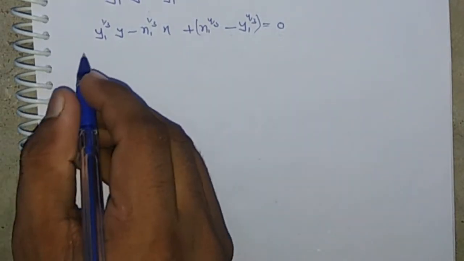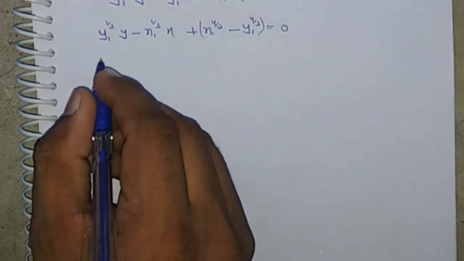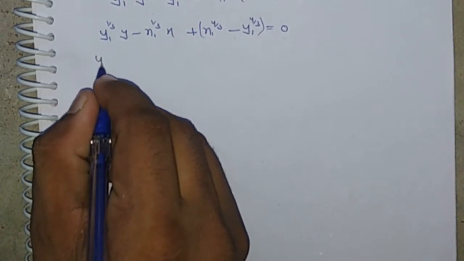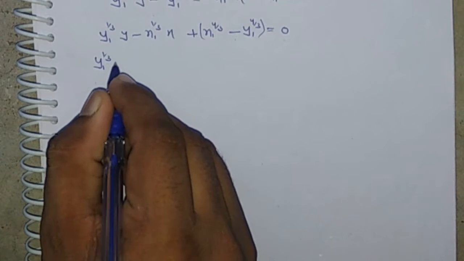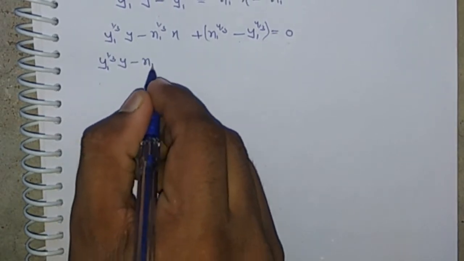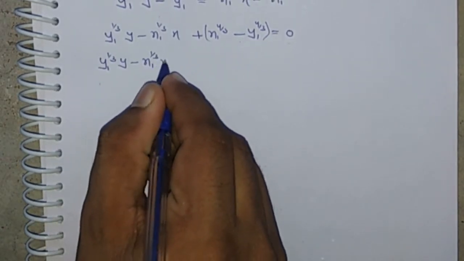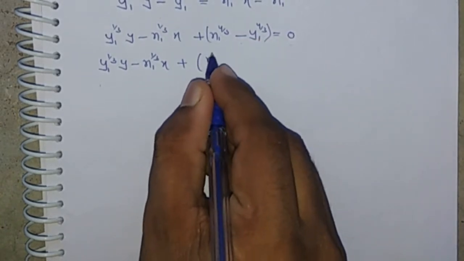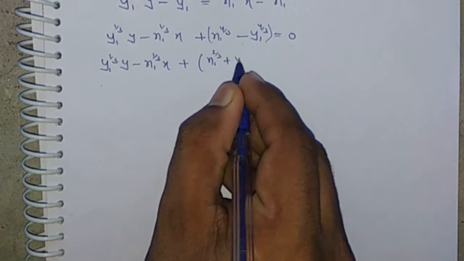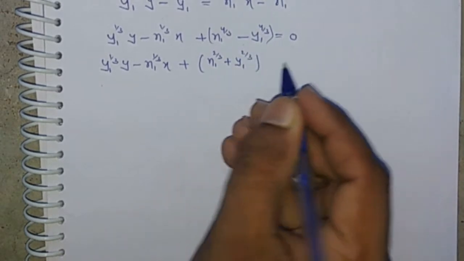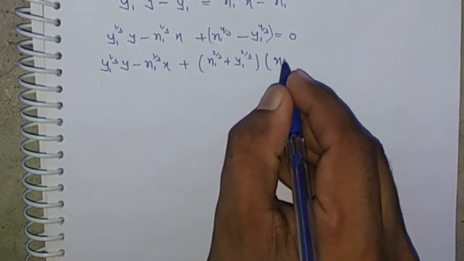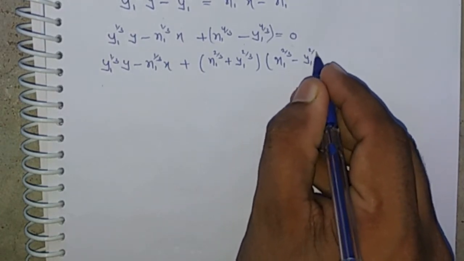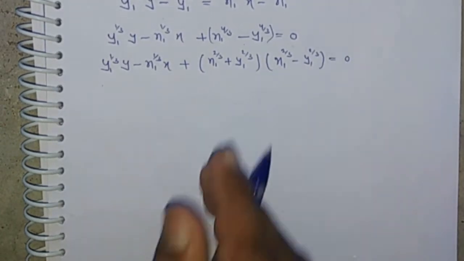It is the equation of normal. It can be written as y1 to the power 1/3 y minus x1 to the power 1/3 x equal x1 to the power 2/3 plus y1 to the power 2/3 into x1 to the power 2/3 minus y1 to the power 2/3 by a square.